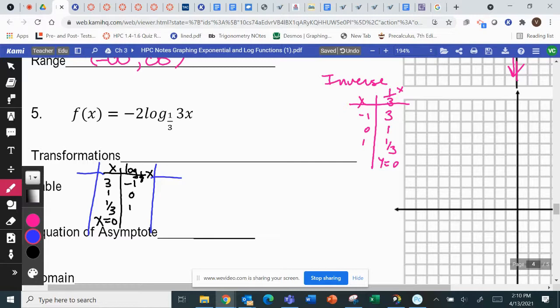So I get my table of 3, 1, 1/3, x equals 0, and then the y's are -1, 0, 1.